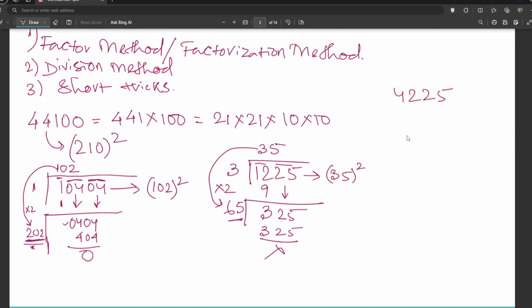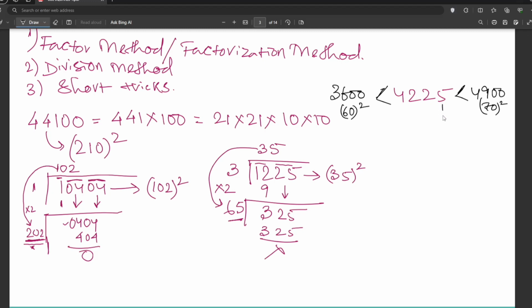Now the smaller square number than this is 3600, which is the square of 60, and the greater square number than this is 4900, which is the square of 70.